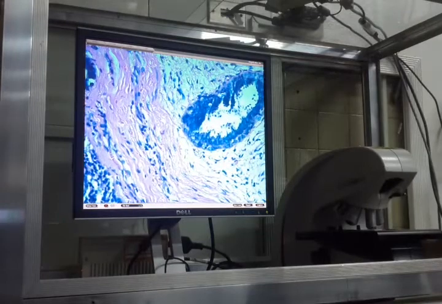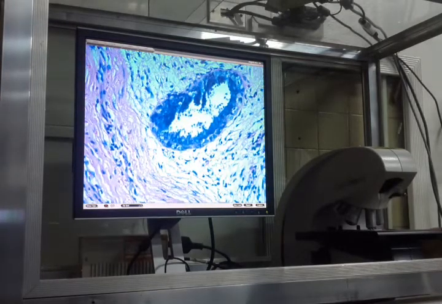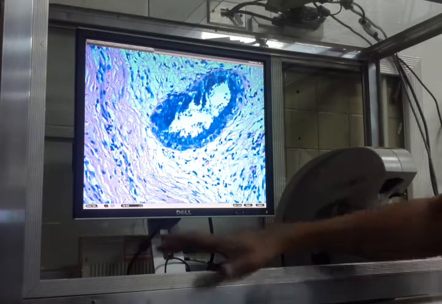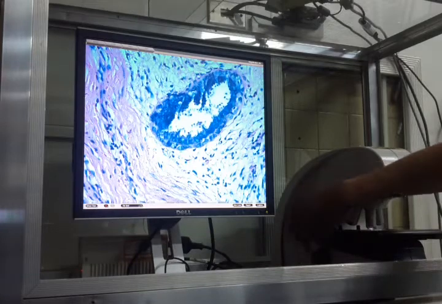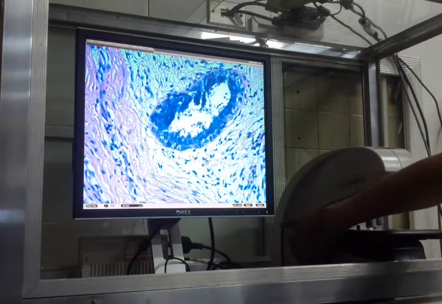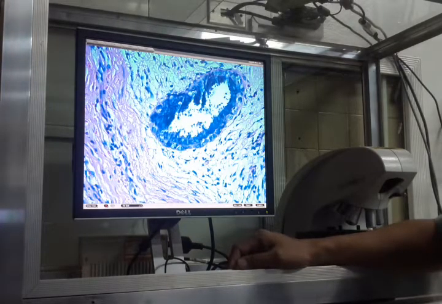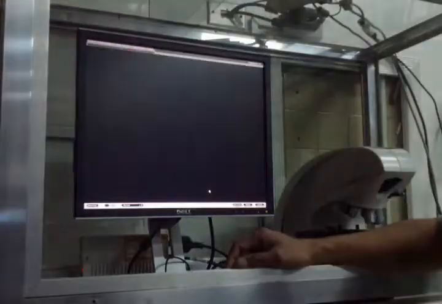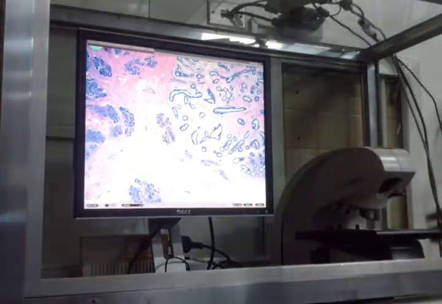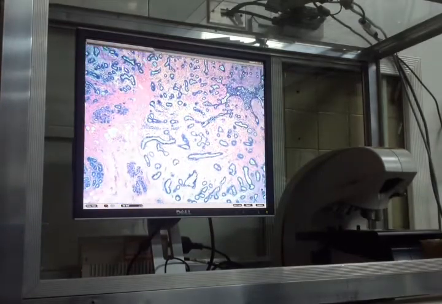Epithelial cells, tapos meron ka pang apocrine snouts dun sa iba. You still remember your apocrine snouts? There. This is the layer of the epithelial cell, and this is the myoepithelial cell. Is there something wrong with the ductule? None. It's normal.